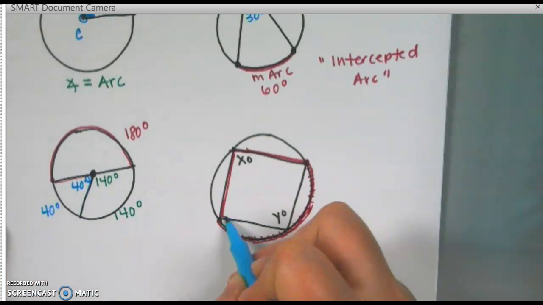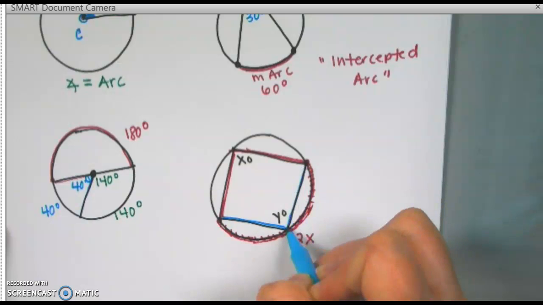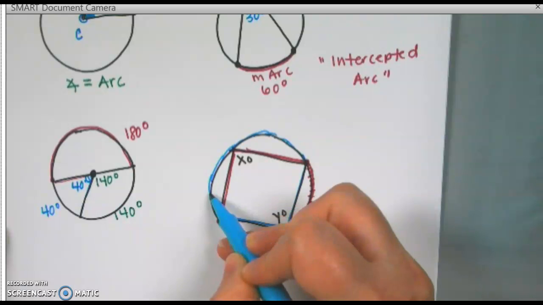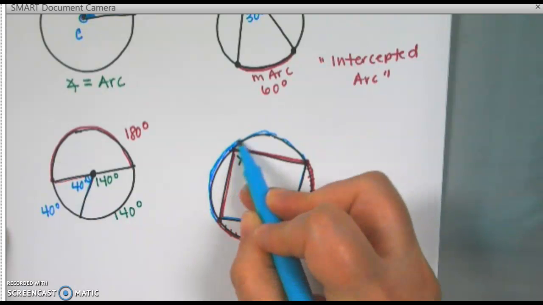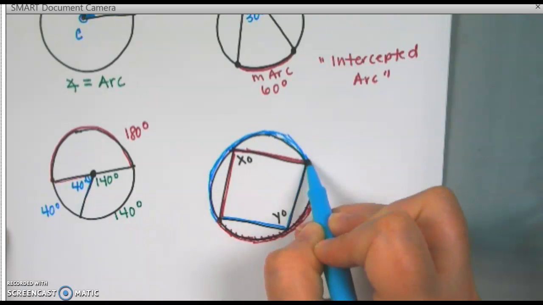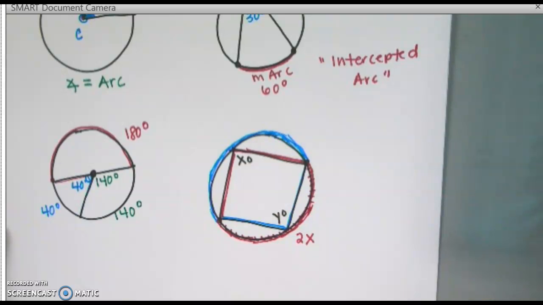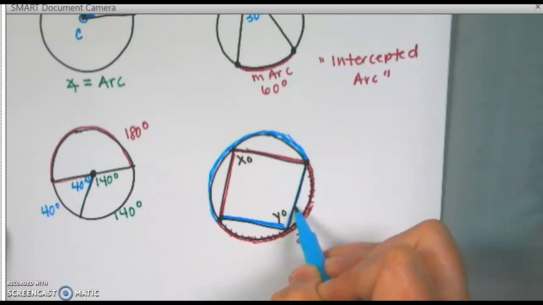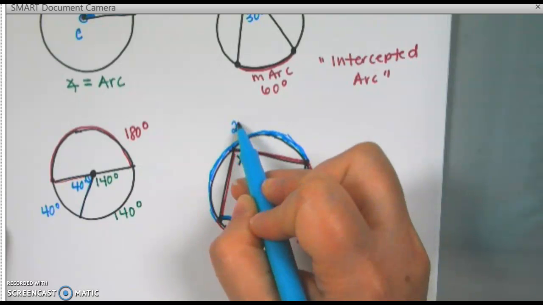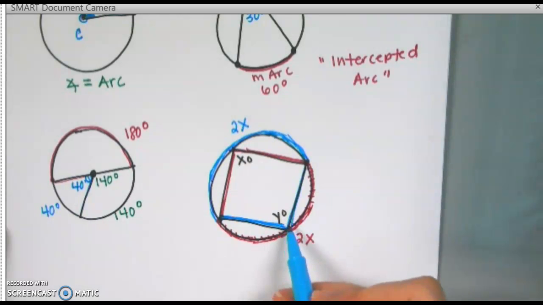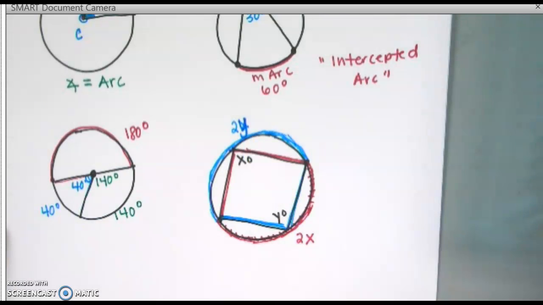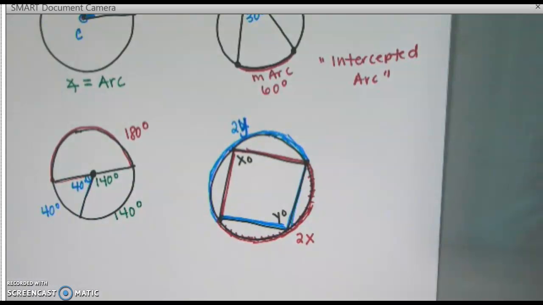Well, Y, the angle for Y, see how it's completing the circle? The intercepted arc for angle Y would obviously be double of whatever angle y was. That side would be double of angle y. But if you notice, they're completing the circle.